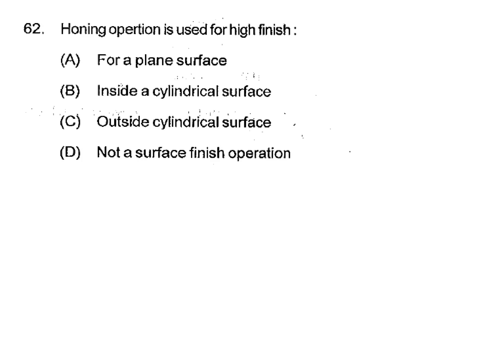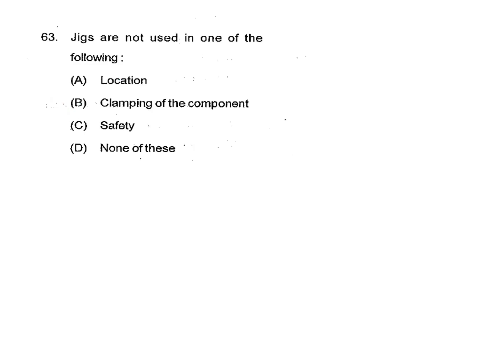Jigs are not used in one of the following: A, location; B, clamping of the component; C, safety; D, none of these. For safety we are not using jigs. Discontinuous chips occur in brittle materials. For ductile material, continuous chip.